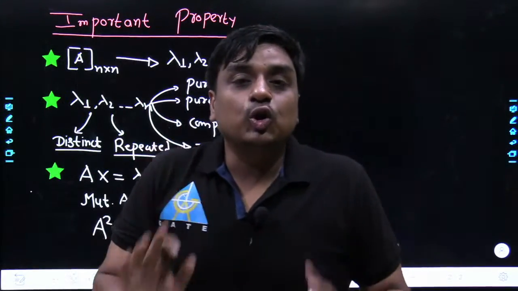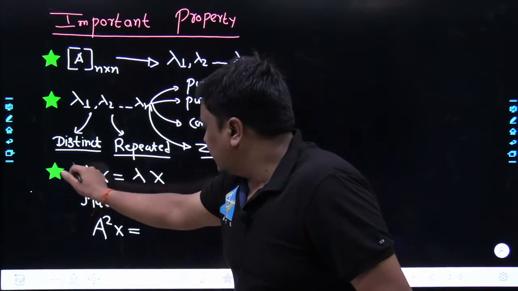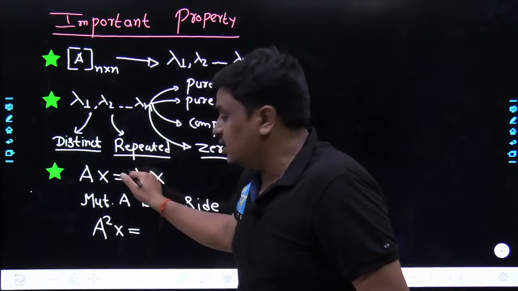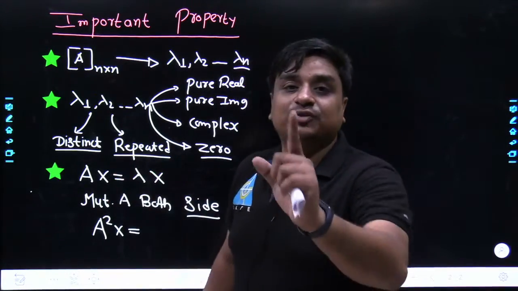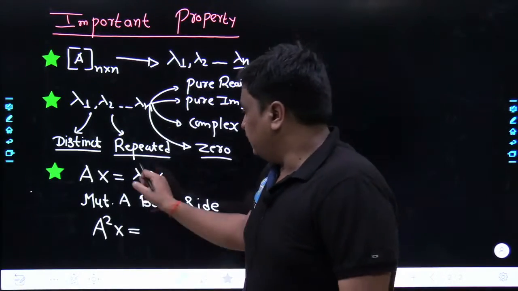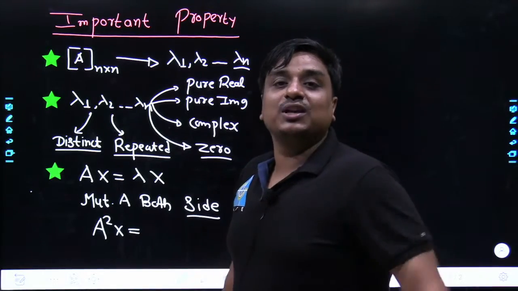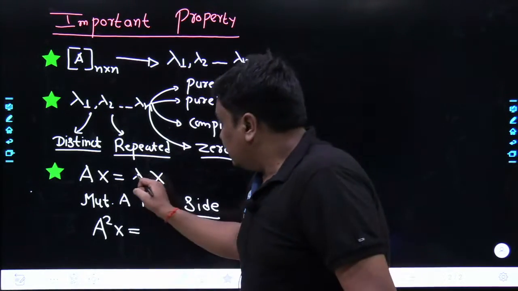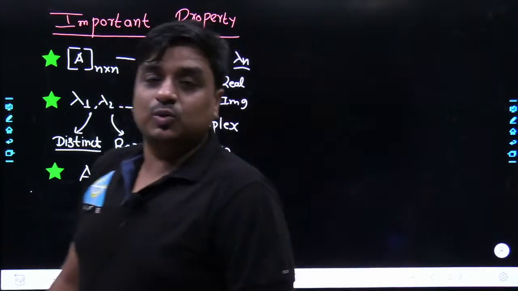The commutative property is not valid for matrix multiplication. If A is getting multiplied over here, A has to get multiplied over here. So can I shift lambda over here? Yes or no? Put it in the comment box. Yes. Why? Because lambda is not a matrix, it's a constant. Lambda can be put towards the left-hand side.